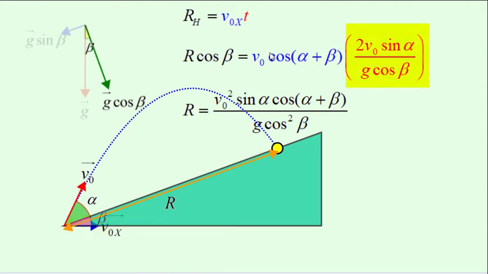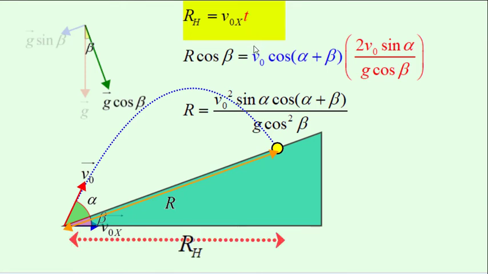The time of flight of a projectile on an incline is 2v0 sine of alpha over g cos of beta. Multiplying the constant horizontal velocity v0x with the time of flight t gives us the horizontal range RH. This is not R but RH, the horizontal component of range. The range that we want to compute is along the incline, or R.